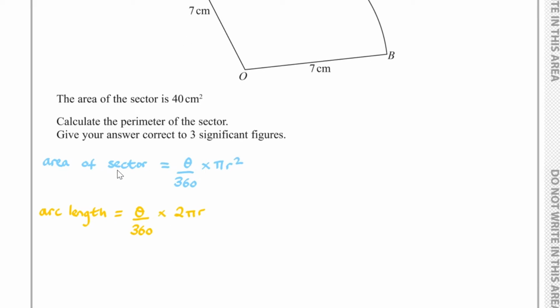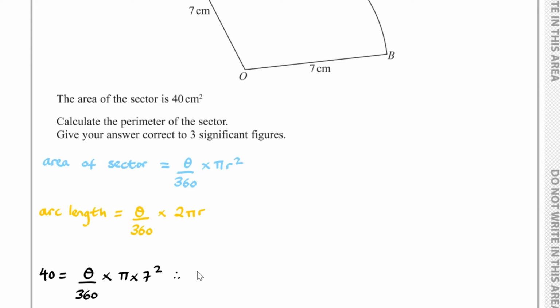So with this, we know what the area of the sector is, we know what the radius is. With this, we can find the unknown theta, that's the angle AOB. So we have 40 equal to theta over 360 multiplied by pi times 7 squared.